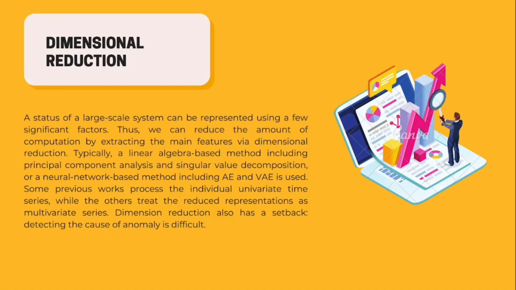For that, we can use PCA or SVD as linear algebra based approaches, or if we want a deep learning based approach, we can use autoencoders. These provide important features, but with the drawback that detecting the cause of the anomaly becomes difficult after dimensional reduction.